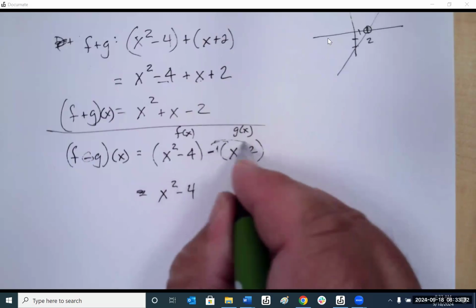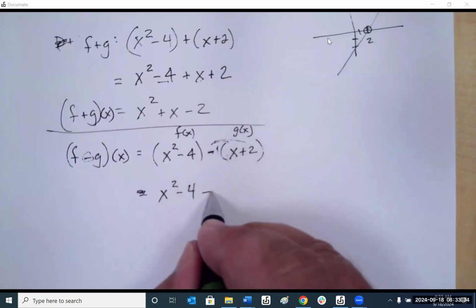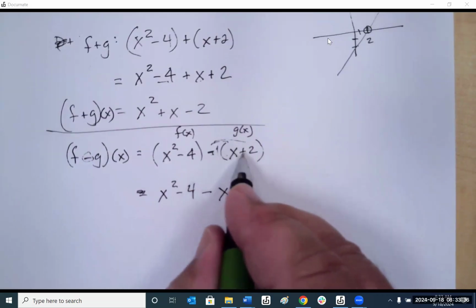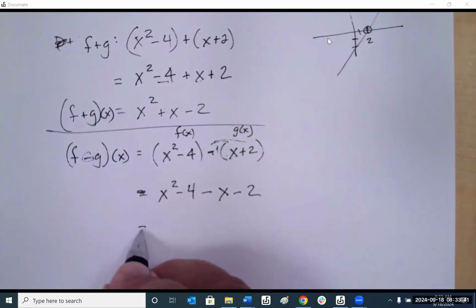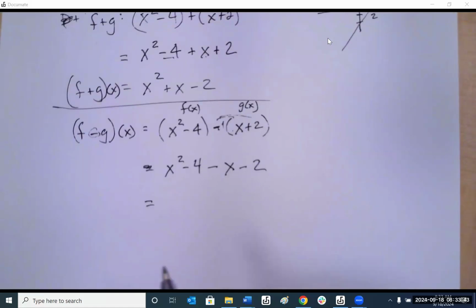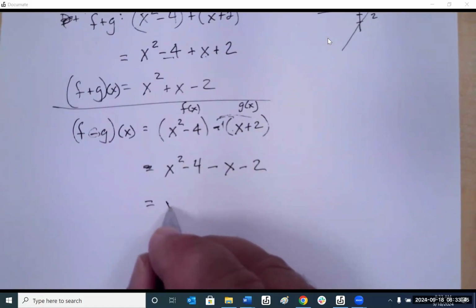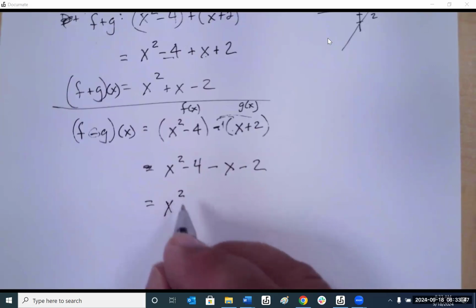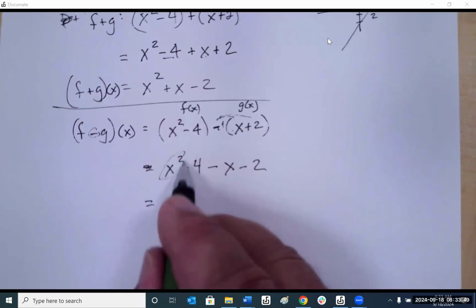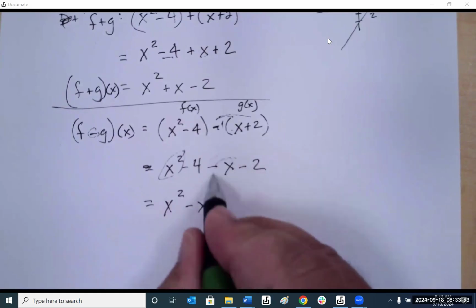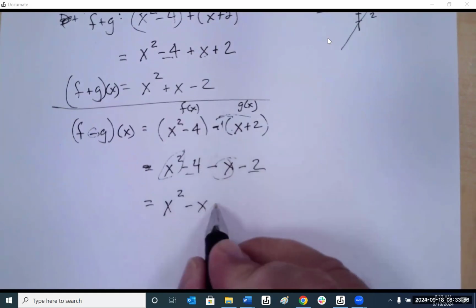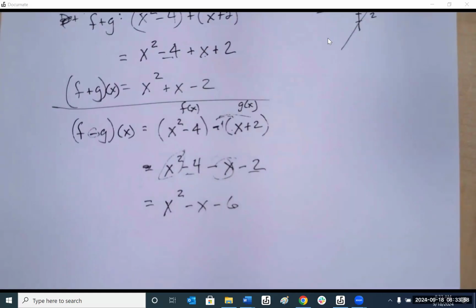So I distribute. Negative times positive is negative, negative times positive is negative. Combine like terms. The biggest x first, then the next x, then the constants: -6.